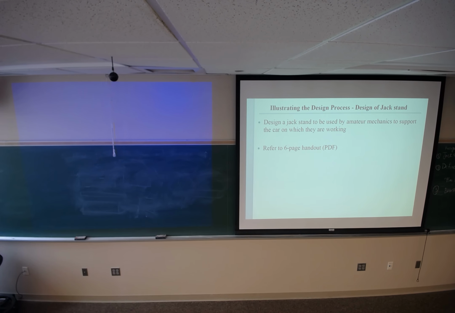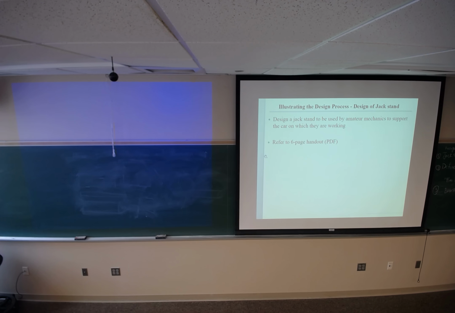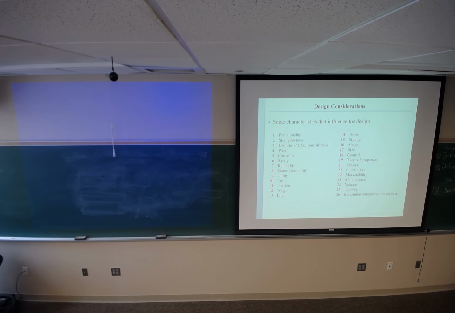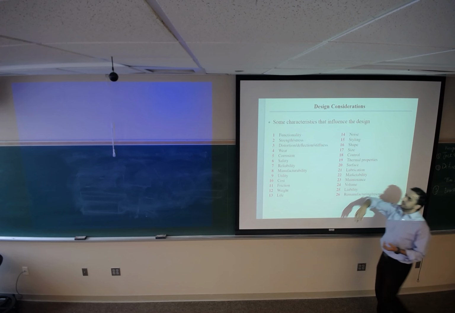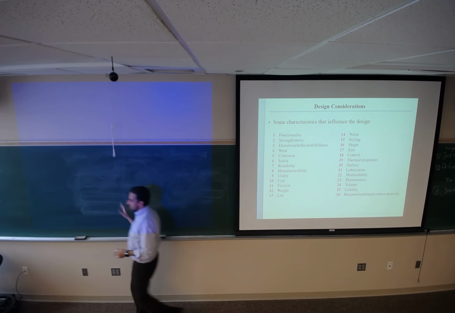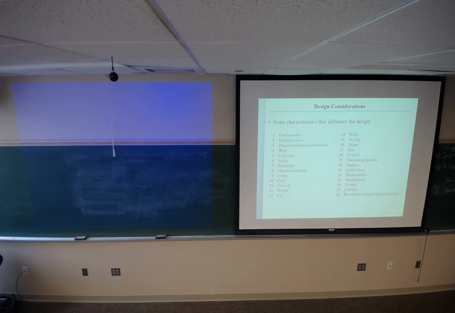So these are the steps for the design. As I said, you need to consider different aspects depending on the application of your components. These are some characterizations that you need to consider for the design.